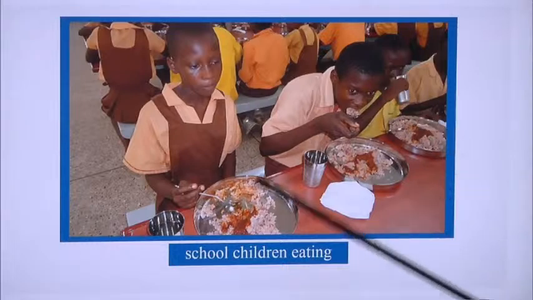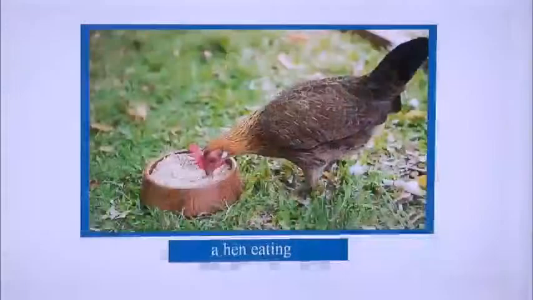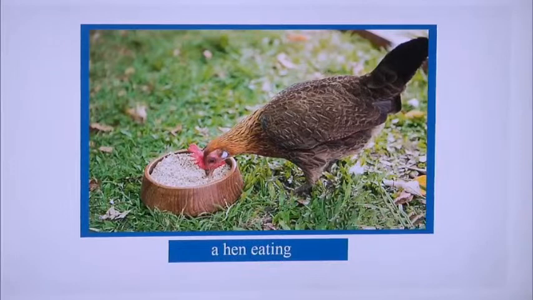Now we can see school children eating. Now when we say nutrition, we are talking about taking in food. So children eat. Adults eat. Human beings, we do what? Eat. Animals also eat. Let's look at another picture. Yes, animal. This is a bird eating. They are feeding. And the feeding, what they are doing, it will help them to go do what? Grow.